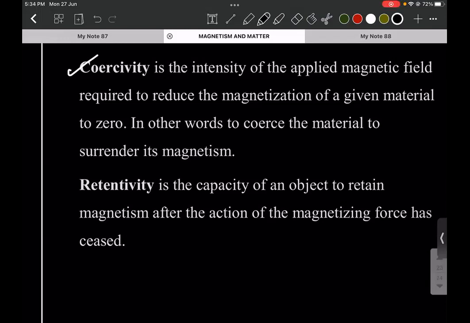So what is retentivity? The name suggests retaining something.